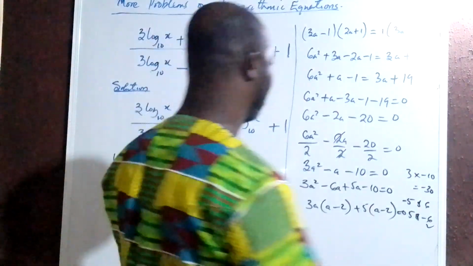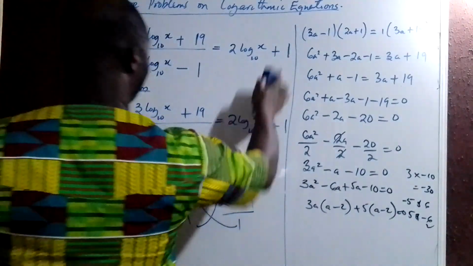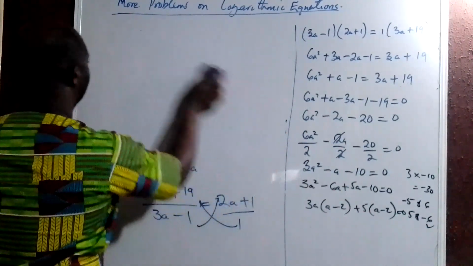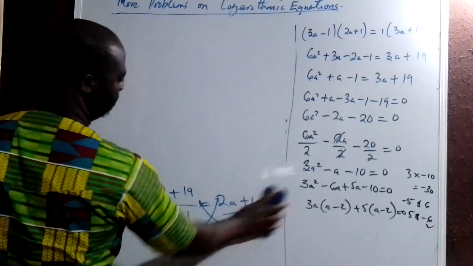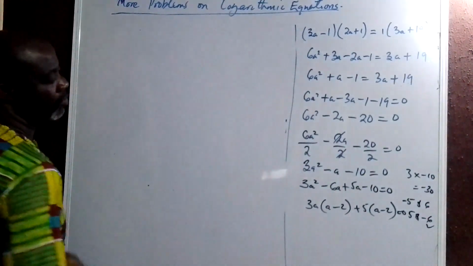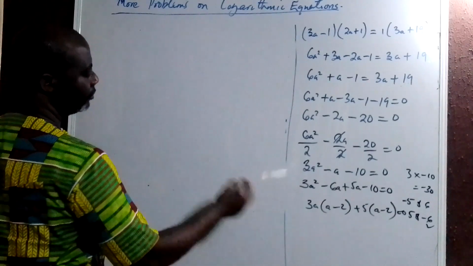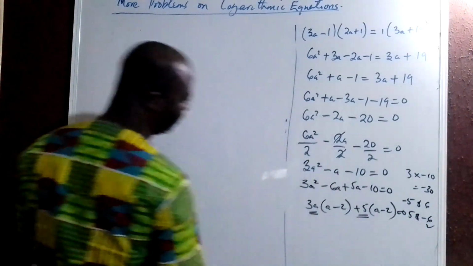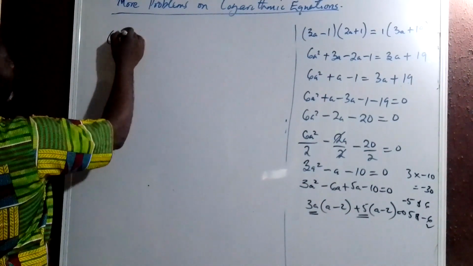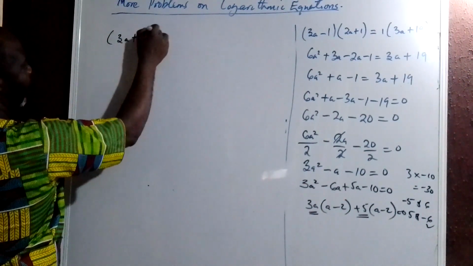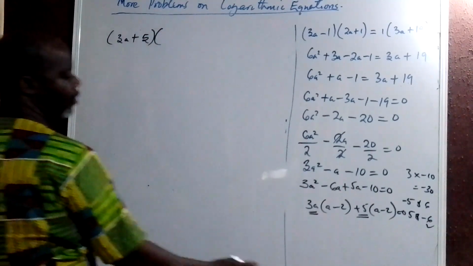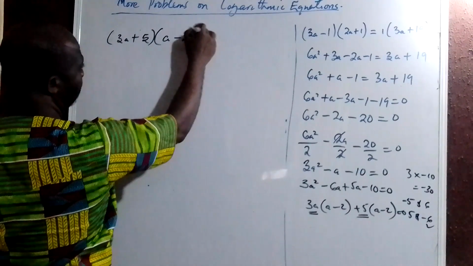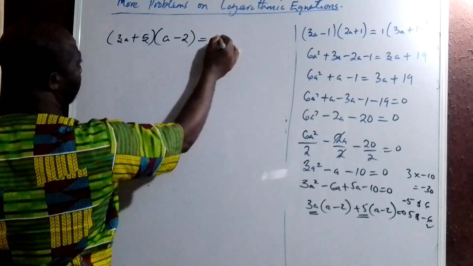So I combine 3a plus 5 into one bracket, and of course I bring a minus 2 into the second bracket. That gives me 0.